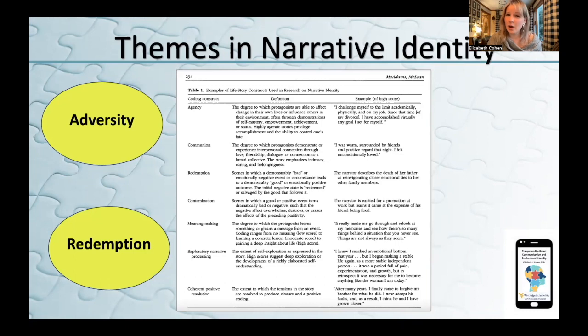It's not always helpful for people to try to construct their identity as a narrative, because if they're unable to see the redemptive qualities of the adversity they had, then it's going to be stressful and not necessarily psychologically beneficial for them.